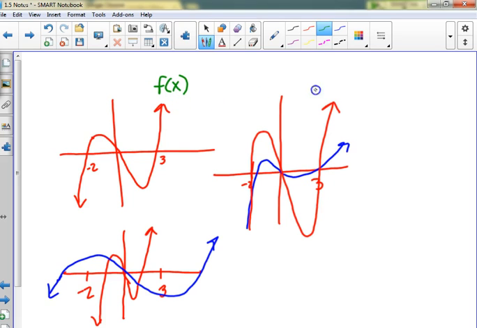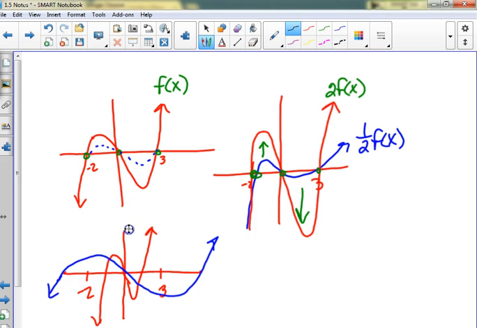If you kept the same scale, this would be 2f of x, because do you see the zeros stayed the same? But it's stretching up twice as far and down twice as far. That was my attempt, okay? The blue would be 1/2 f of x, because the zeros stayed the same, but I only went up half as far and down half as far. Got it?